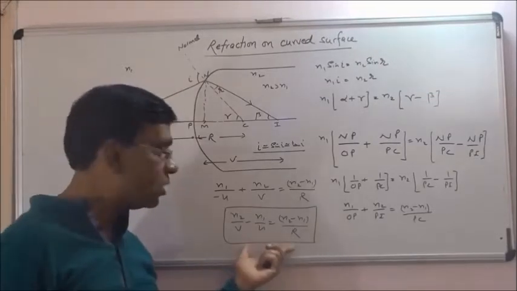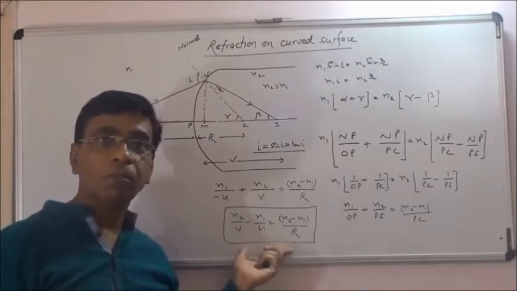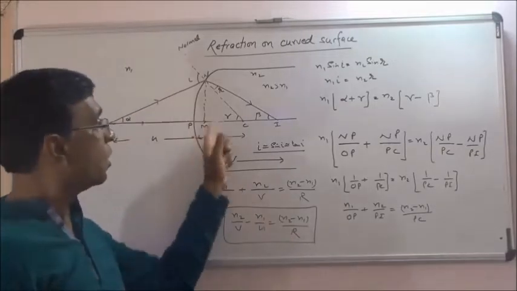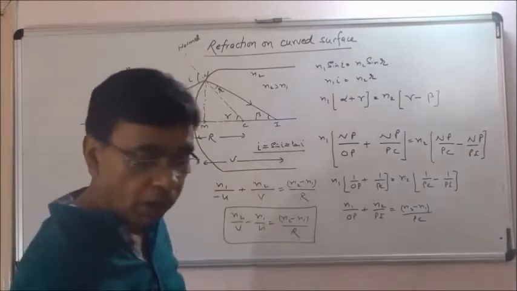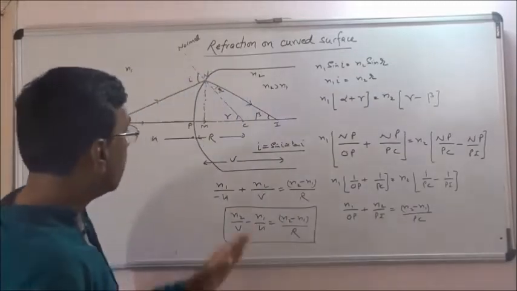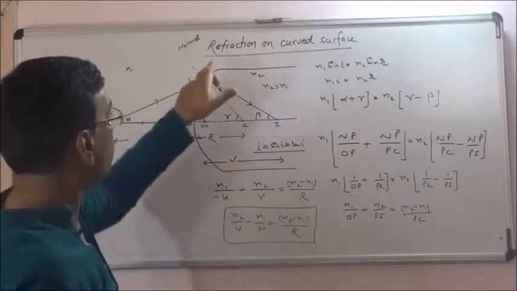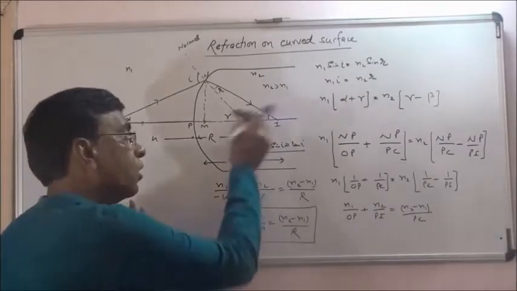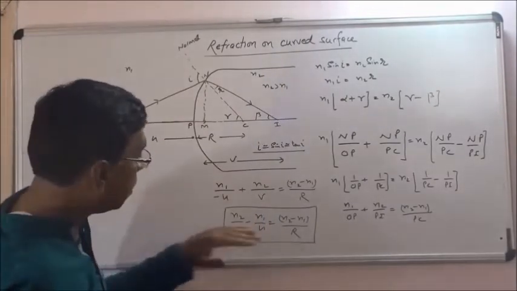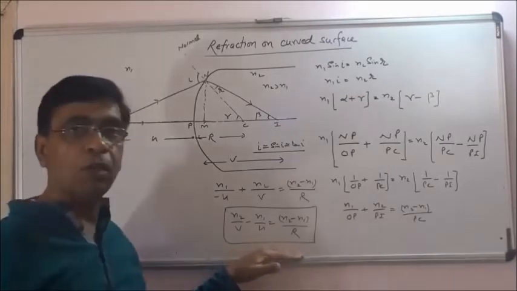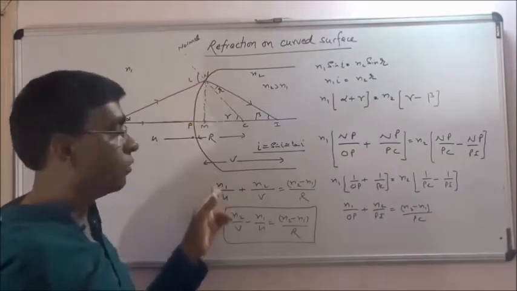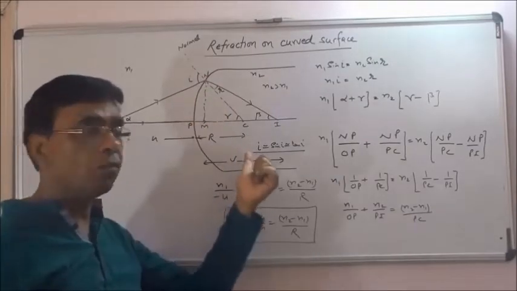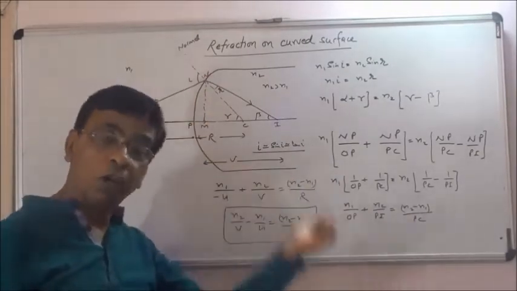Now we will use this expression in lenses. Lenses have two surfaces, and before that I would like to tell you that we have derived this expression specifically for convex surface and that also for real image. But this expression is equally valid for all types of curved surfaces, spherical surfaces, whether it is concave or convex, or the image is virtual or real.